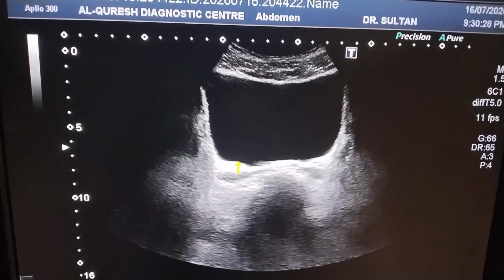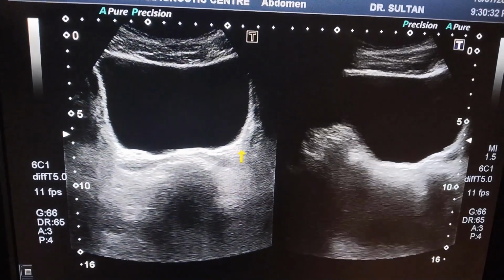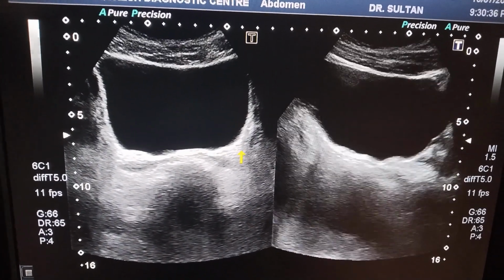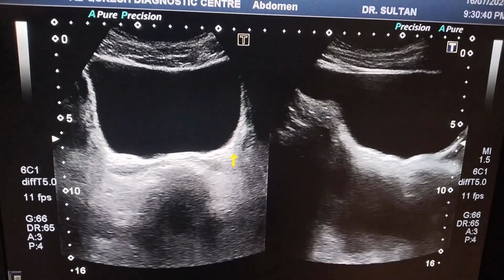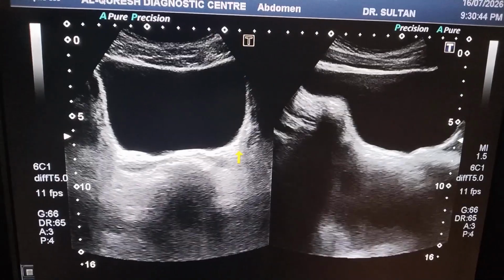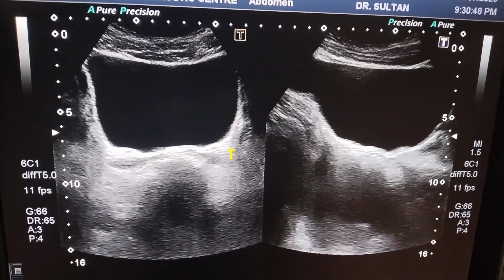First, put the probe in transverse direction, and then angle it at the same place, in the sagittal direction, with the probe marker toward the patient's head.